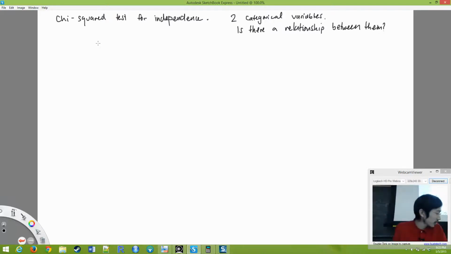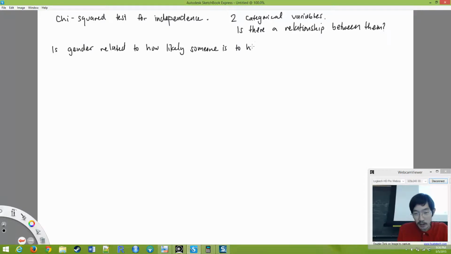Here's an example: is gender related to how likely someone is to have taken an HIV test?